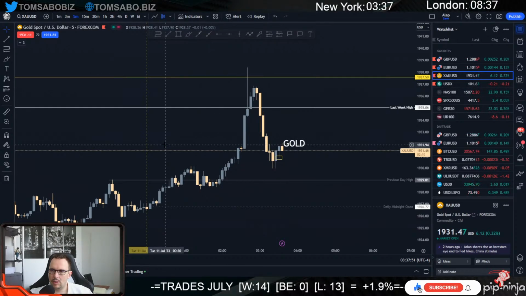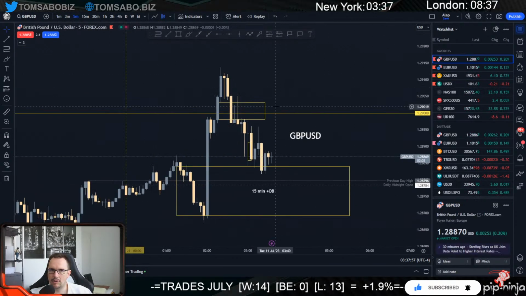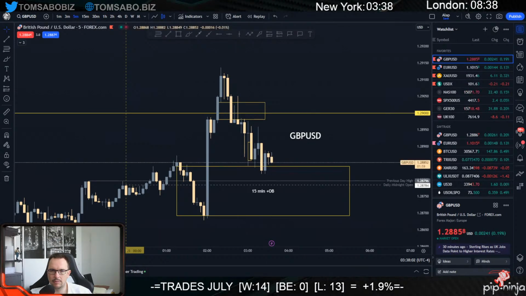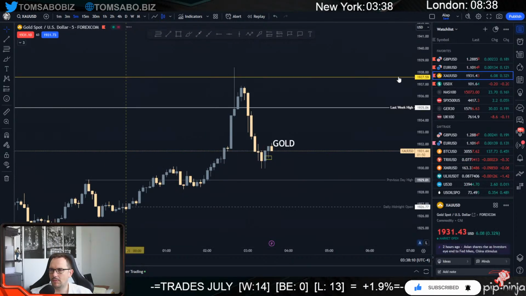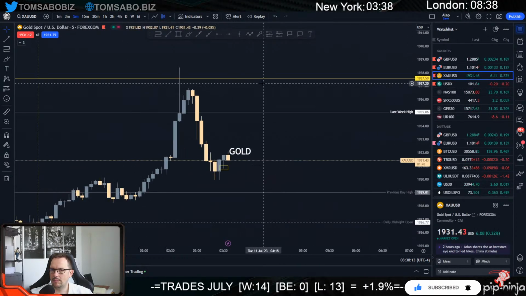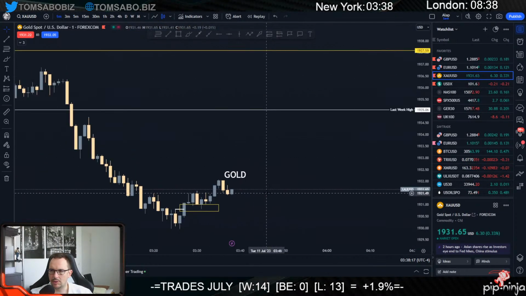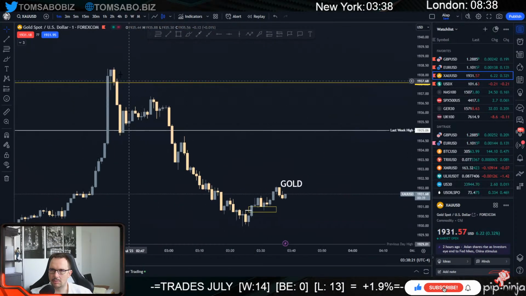Okay, all right, let's see what's happening. Pound is still hovering there. Gold is still an active trade if someone is at break even, or you can do a second entry and target buy side.